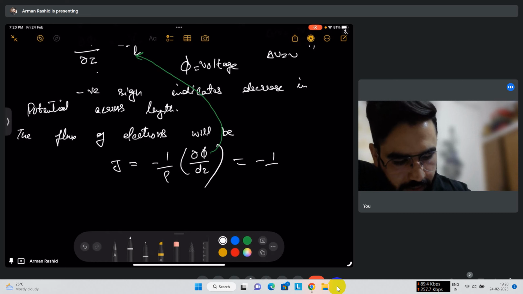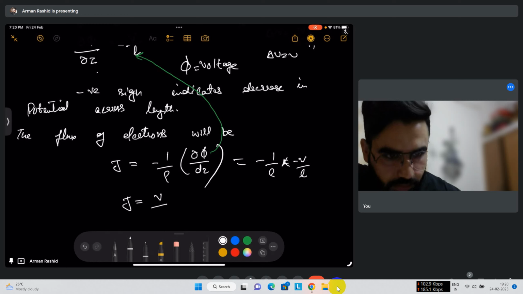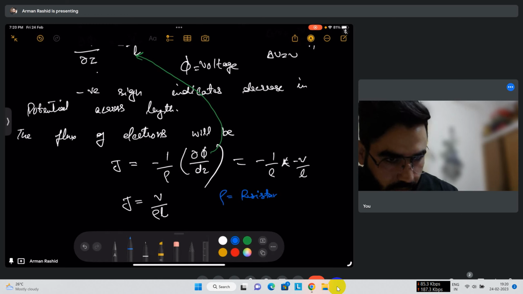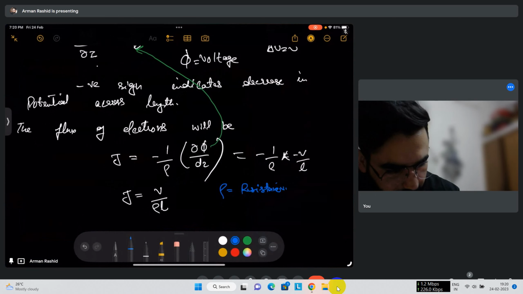So we'll write 1 by this, where rho is the resistivity, as defined in the question. 1 by rho is defined as conductivity.